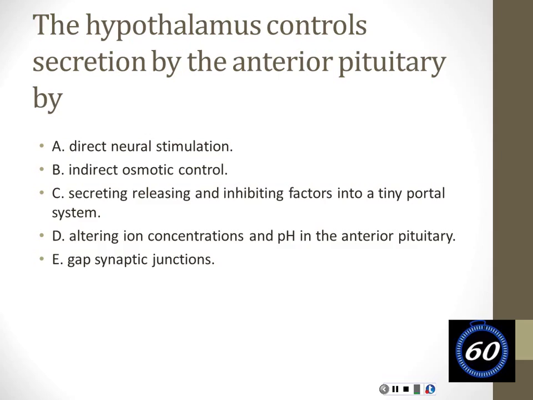They go into that tiny little portal system that's about 3 millimeters long, and then that triggers the anterior pituitary to release its hormones. If the question had been posterior pituitary, then A would have been the better answer, because the posterior pituitary works just like neurons do, except instead of releasing their neurotransmitters into a synapse, they release it into the bloodstream instead. Very similar to what the adrenal gland does.